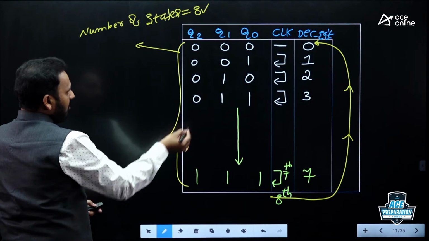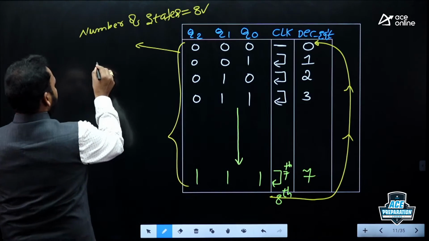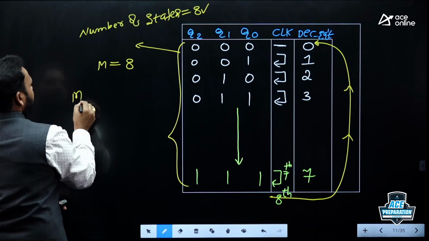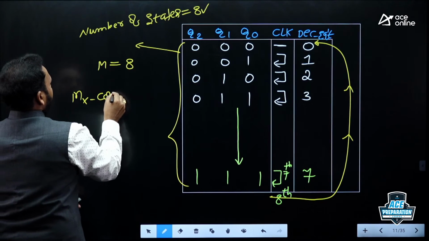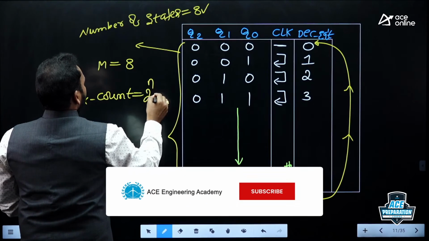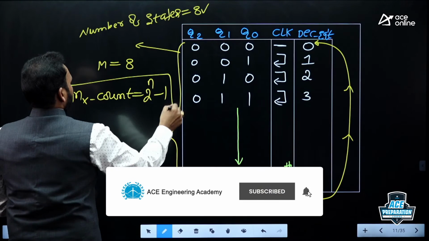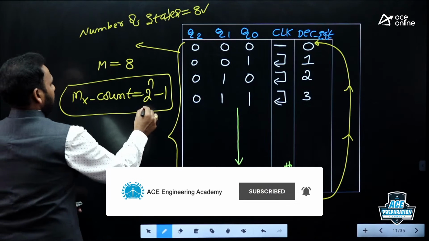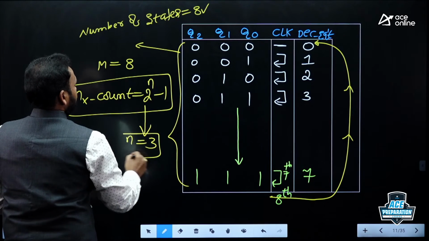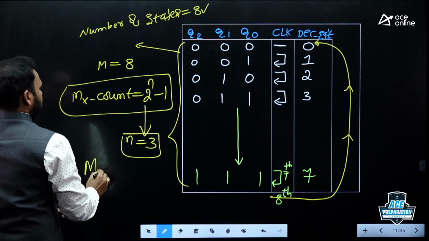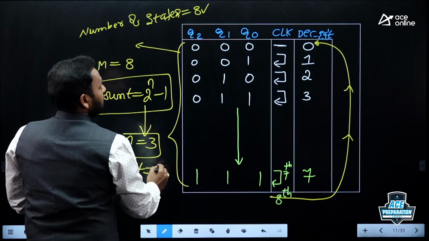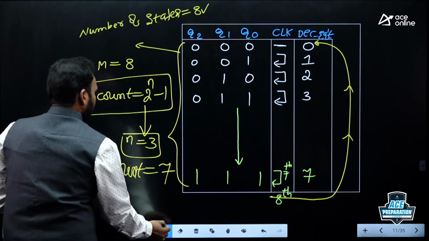And what is the maximum count value? Maximum count value is 2 to the power of n minus 1. N is 3, a 3-bit counter, so the maximum count value is 7, 111.